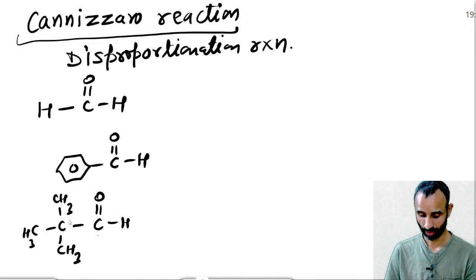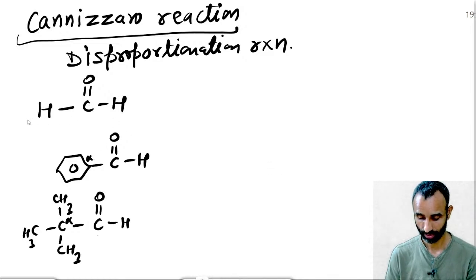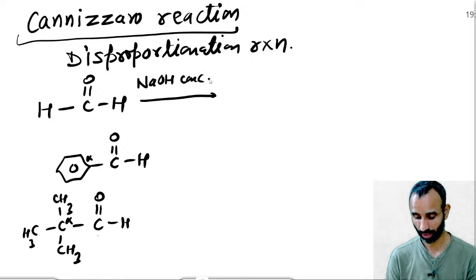See, this has no alpha carbon, and there is no alpha hydrogen. So, in the presence of concentrated KOH or NaOH, or sometimes it is written as 50% NaOH or KOH.